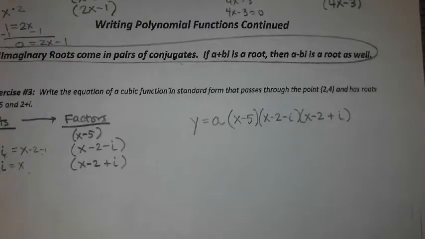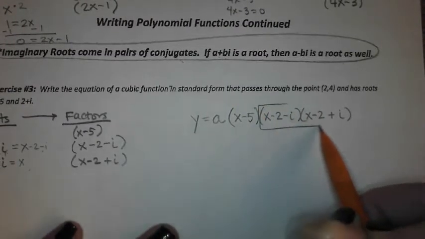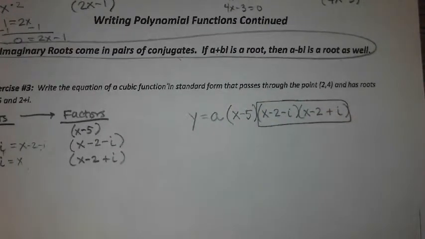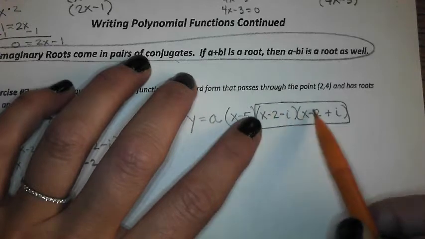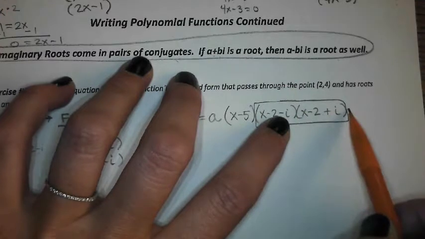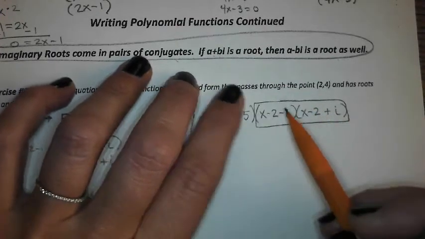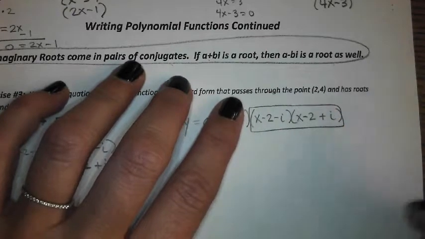The first thing I always want you to do before plugging in your point, just because it's going to make your life easier in the long run, is multiply out the imaginary conjugates. Okay? Now, there are 2 different ways you can look at this. You can look at it as a trinomial times a trinomial. You can distribute your x through all 3, distribute your negative 2 through all 3, and distribute your negative i through all 3. That's probably a little more straightforward, and maybe I'll say better.